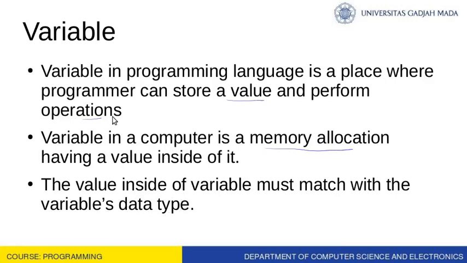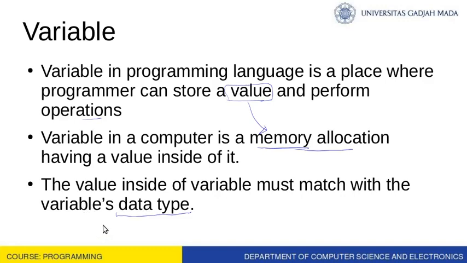So a variable in a mathematical sense is an operand, and in our computer, a variable is actually a memory allocation, and we can store a value in this memory. And what is the value which we can put in this memory? The value which we can put into this memory depends on the data type of that variable.